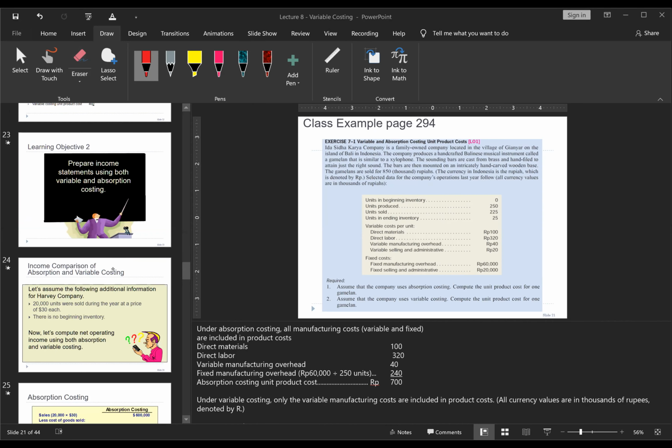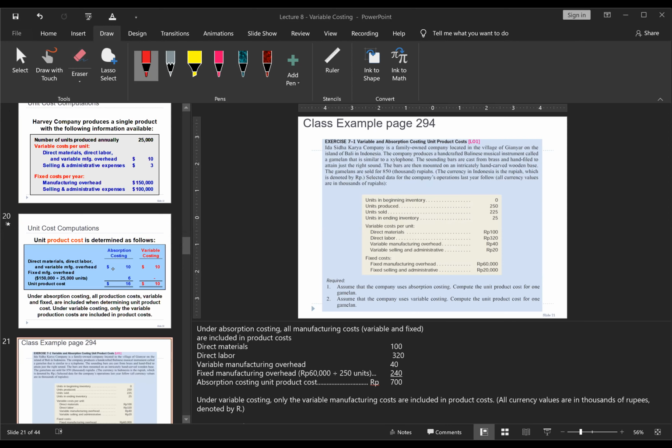Unit cost is different, income statement is different. To find out unit cost, we do not include variable selling and admin. But in making the income statement, we do include all the variable cost. Okay? Please continue.